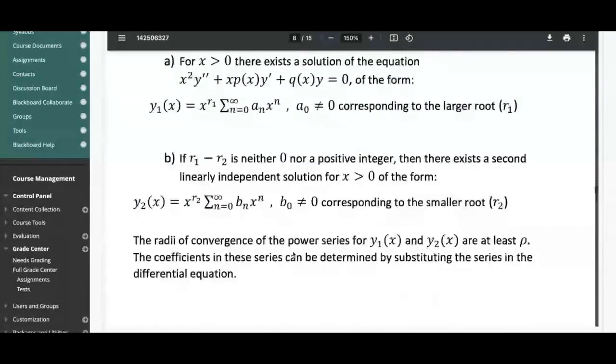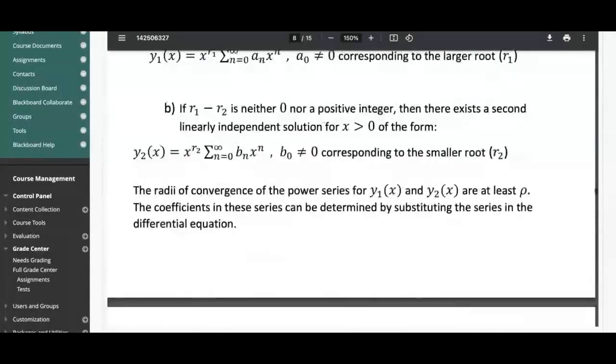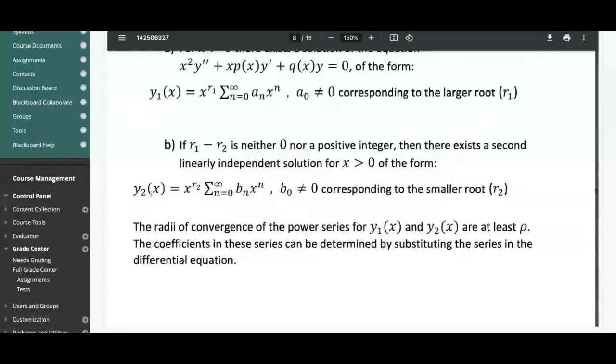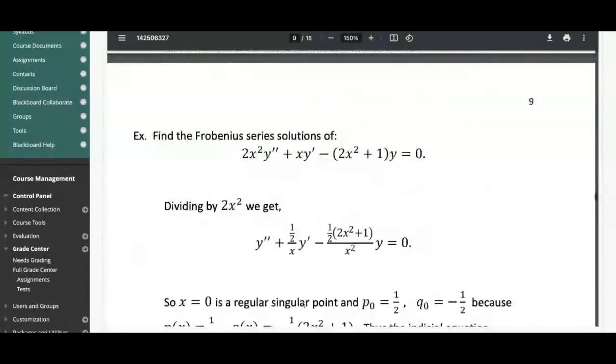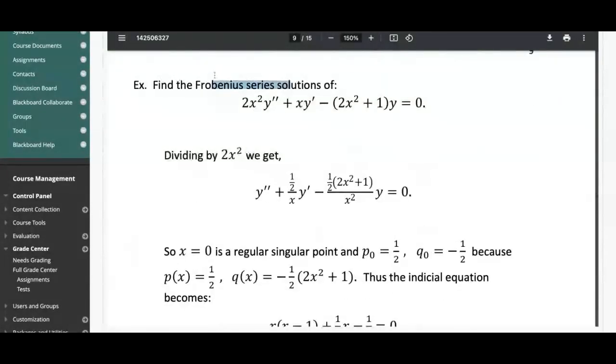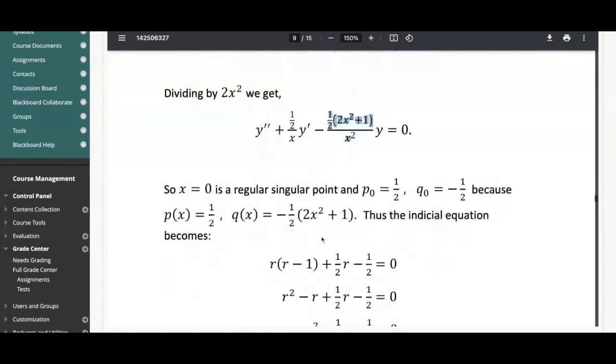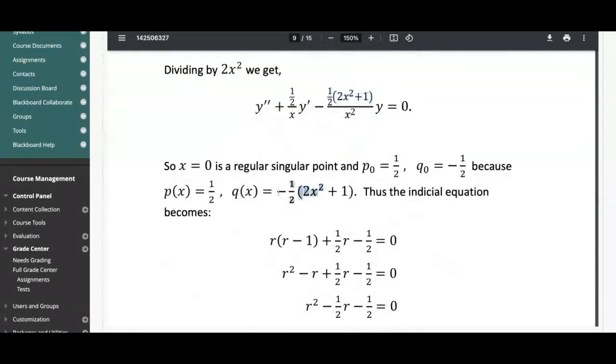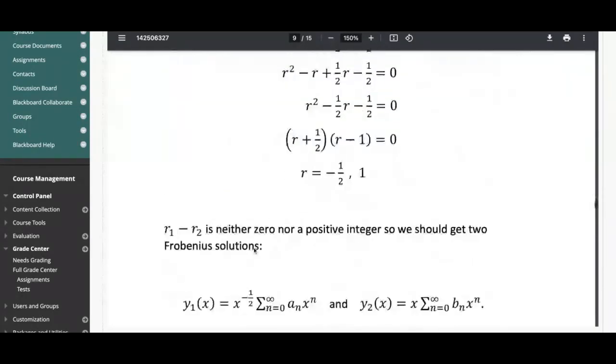But with a specific one, so this is a Y2, right? x raised by R2. With this specific one, we do have a P, we do have a Q, right? As a specific one, we can always find AN or BN.